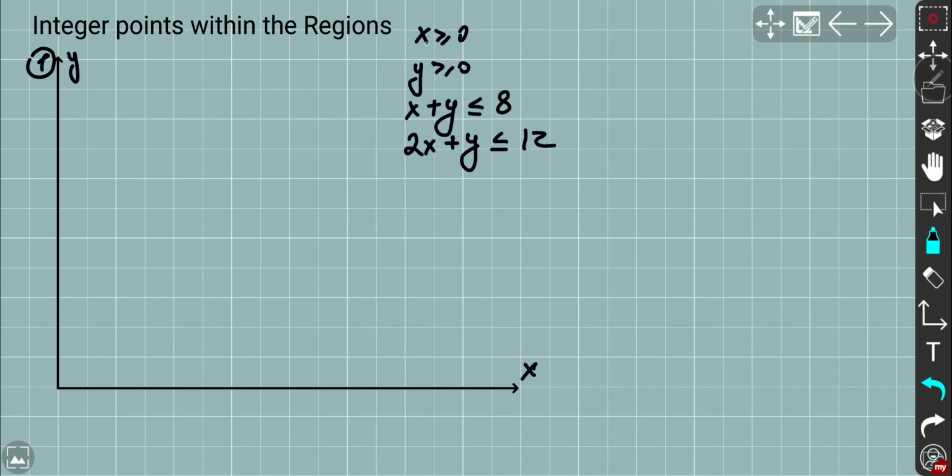First, I'm looking at the line x more or equal than 0. The line x equals 0 is basically the vertical line, in this case the y-axis, and more or equal than 0 is the region we are interested in. So x equals 0 is the equation of that vertical line, and the region is here.